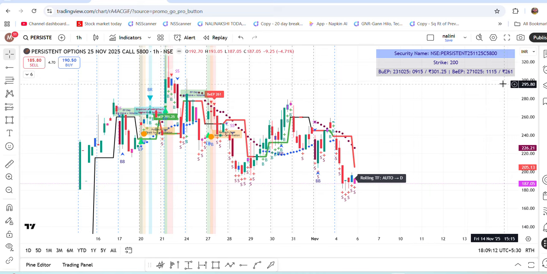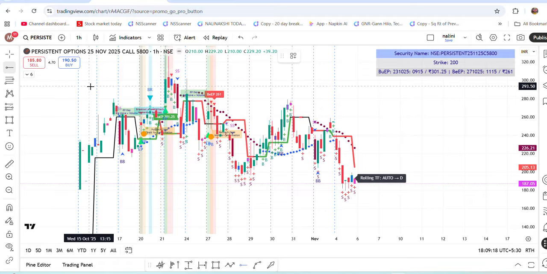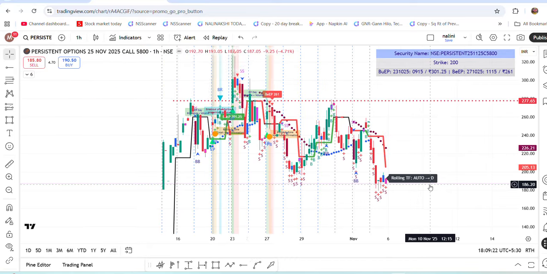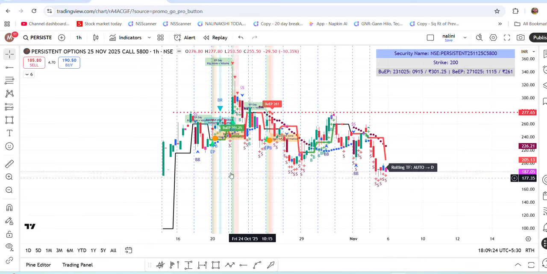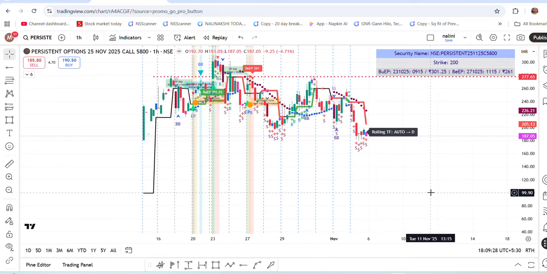It is suggesting 261. Already it has fallen below this level. Now it is around 187. It can decay and move downwards. The price can move downwards if you go to the reference level, the historical level, which is 183.